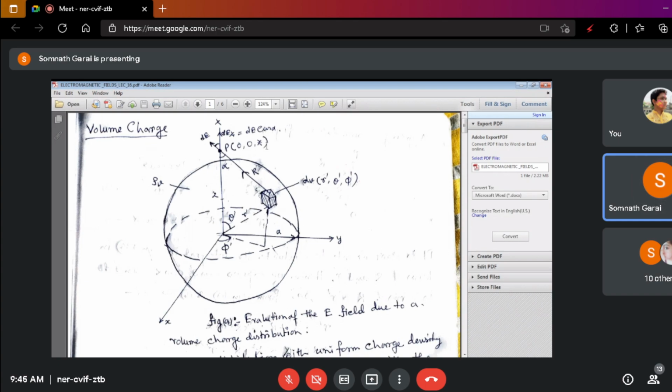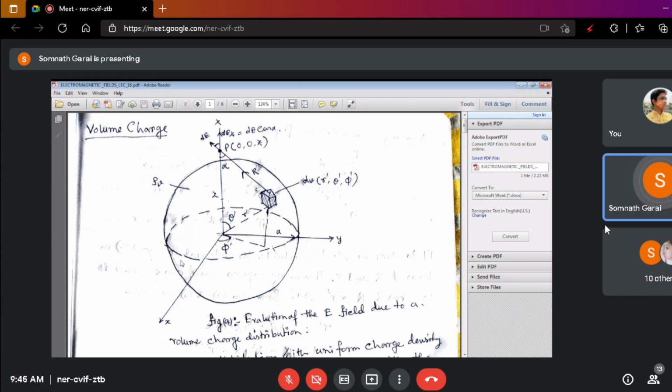The sphere has a uniform volume charge density, defined by rho v.